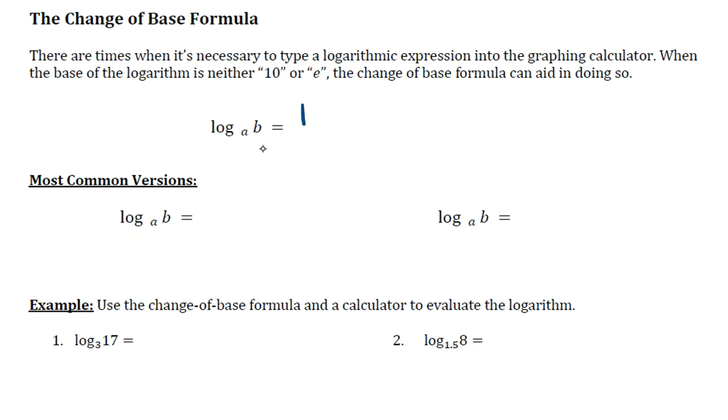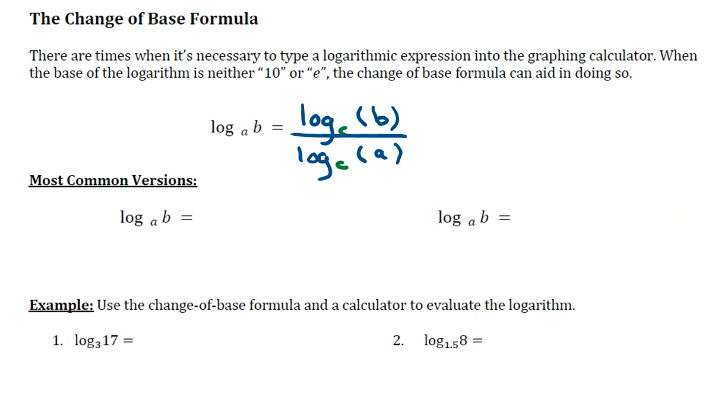It would need to be written out as log base c, and in the argument of this log will go the original argument b. And what you'd have to do as well is divide this by another copy of log base c, and in the argument of this log will go the original base a.